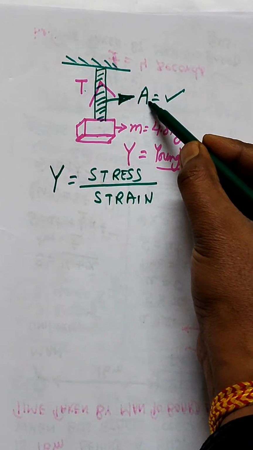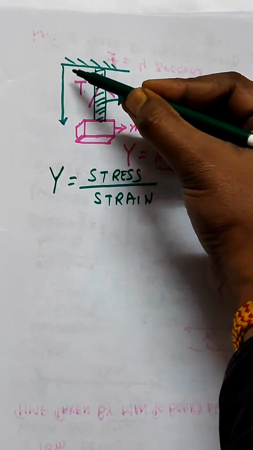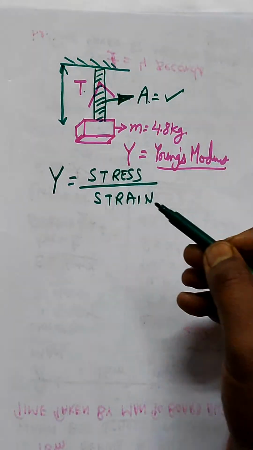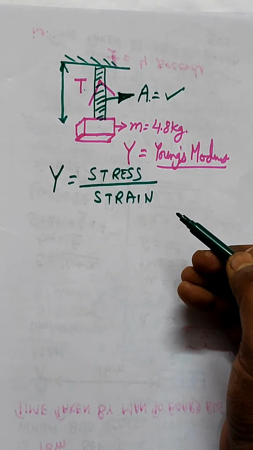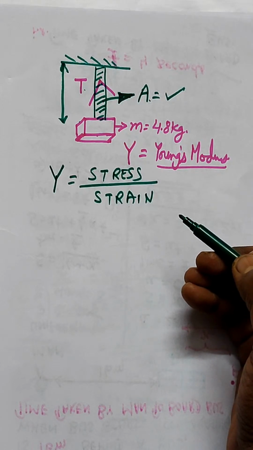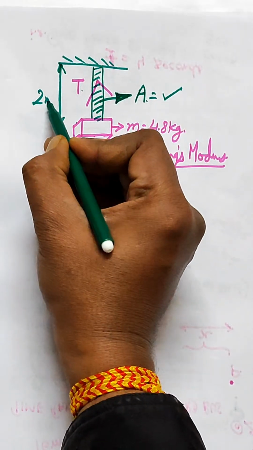This area is given to us. Also the initial length of the wire is given. What's that? Should I read it? Yes, it's 2 meter. Initial length of the wire is given as 2 meter.